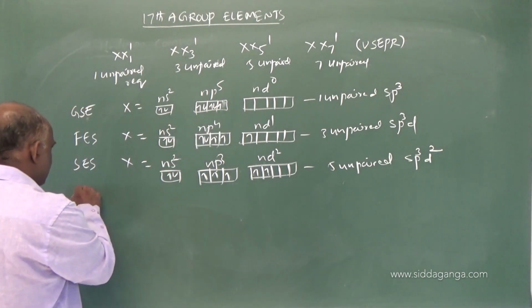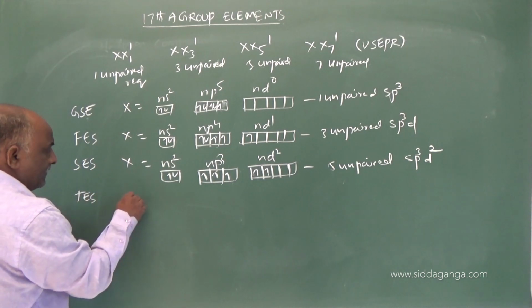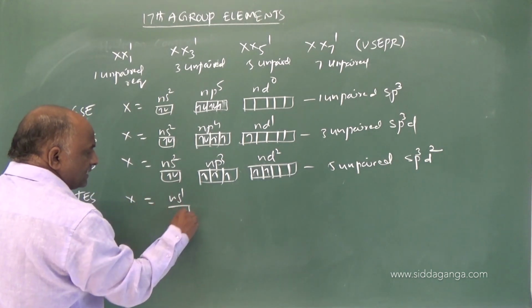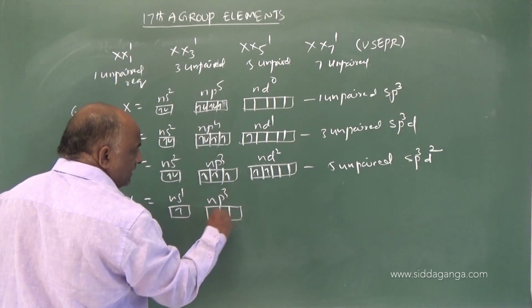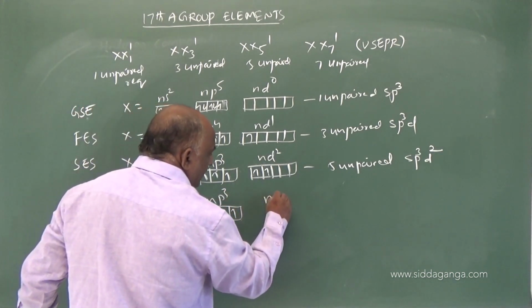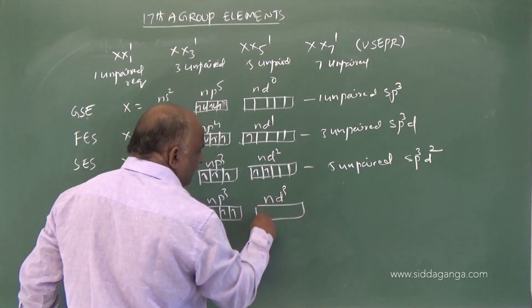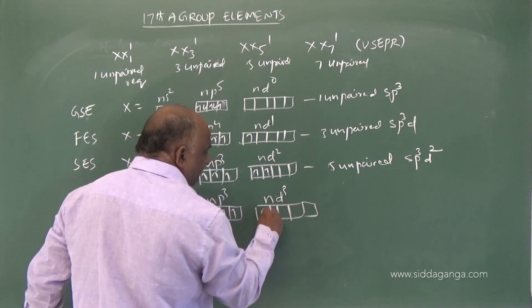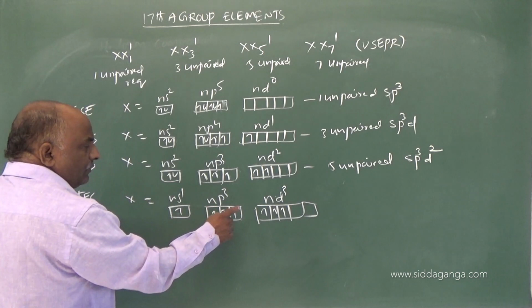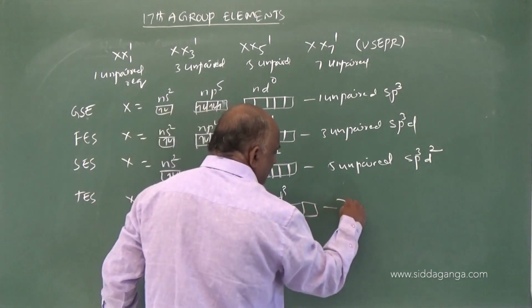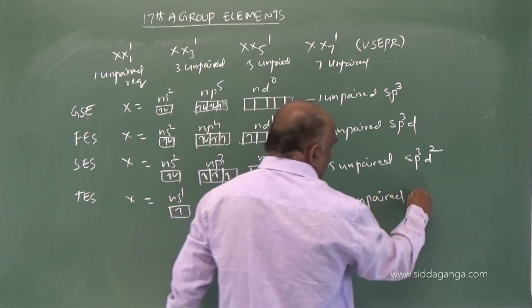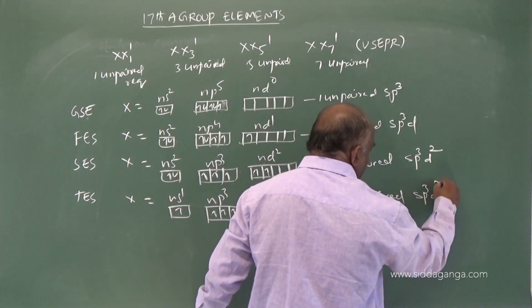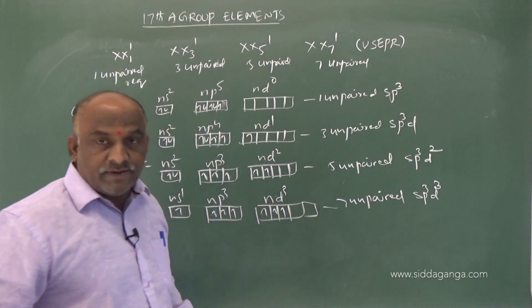Clear? And the last one, the third excited state configuration: ns1 np3 nd3. So here how many unpaired? 1, 2, 3, 4, 5, 6, 7 unpaired electrons. 7 unpaired electrons form 7 covalent bonds. So the hybridization is sp3d3.